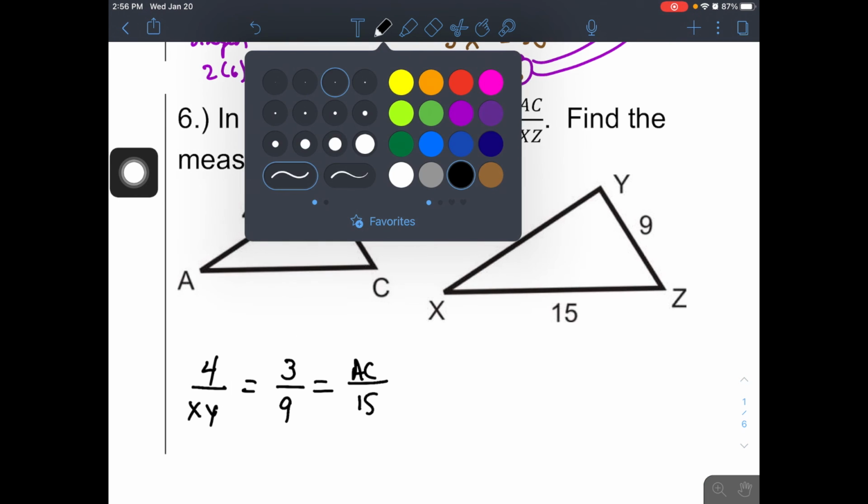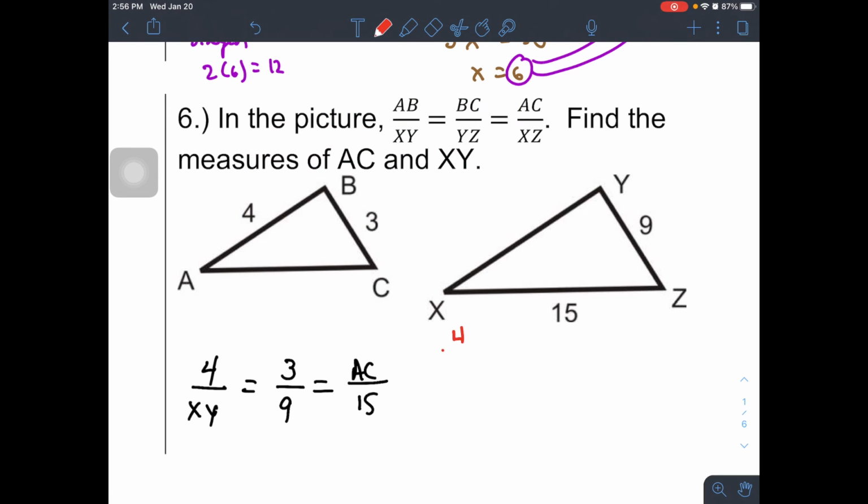I'm going to rewrite that proportion. We've got 4 over XY, and we're going to set that equal to the fraction that is complete here. So in this particular problem, it's the 3 over the 9.